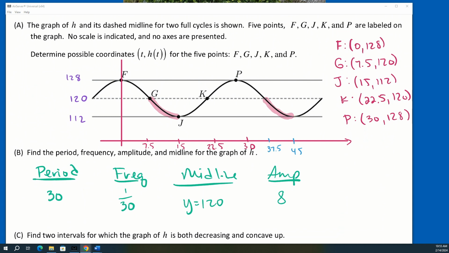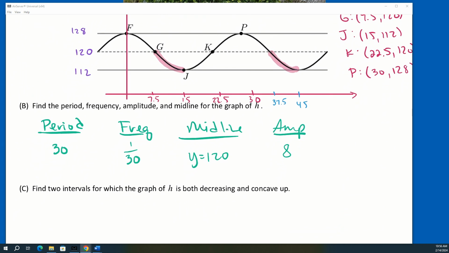There's different ways you can think about it, but from minimum to minimum is going to be a full period, which is 30. So you can just add 30 to 15 to get that 45. Okay, so our two intervals of decreasing and concave up are going to be from 7.5 to 15 and from 37.5 to 45.